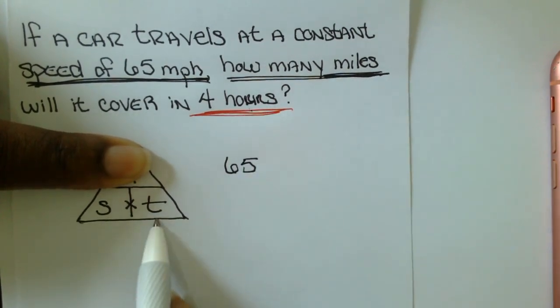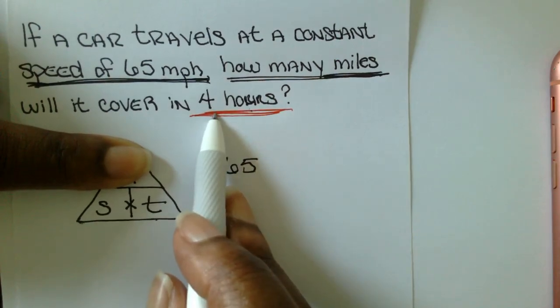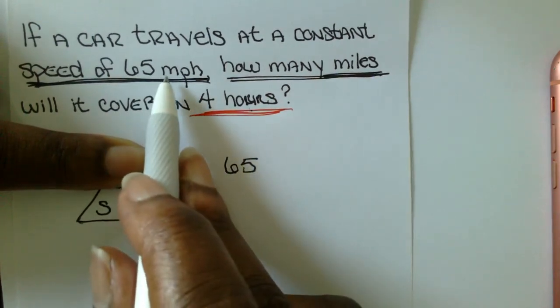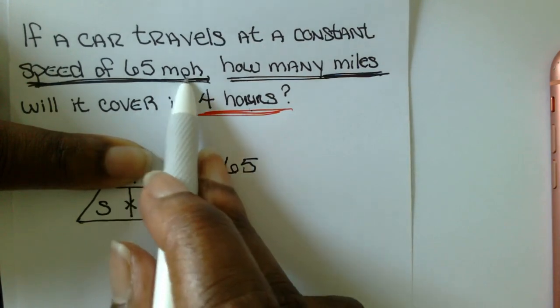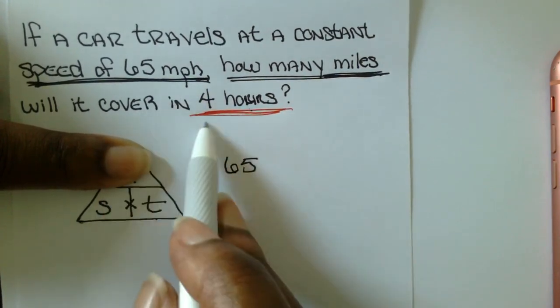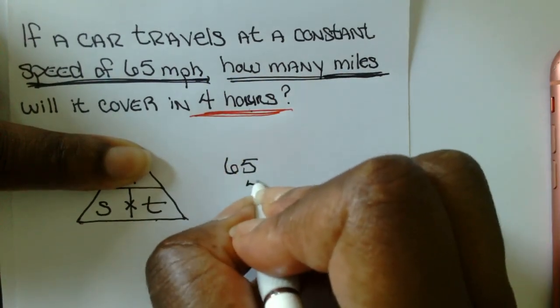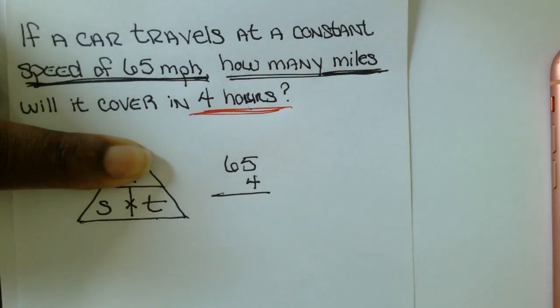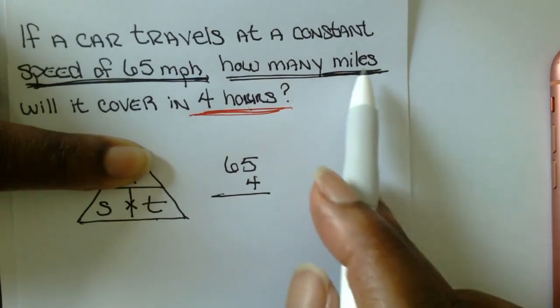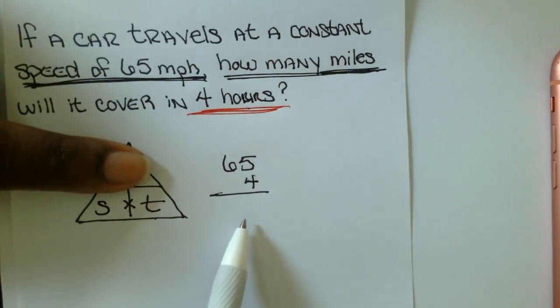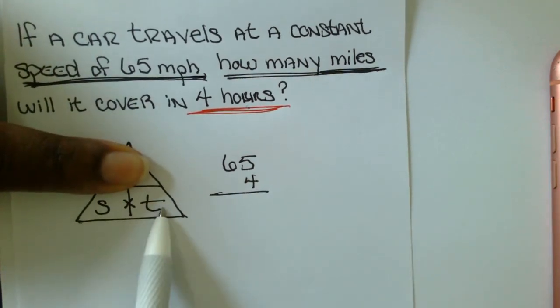The T that they're giving us, the hours, is 4. If we think miles per hour, that means we're multiplying. What are we multiplying? By 4.